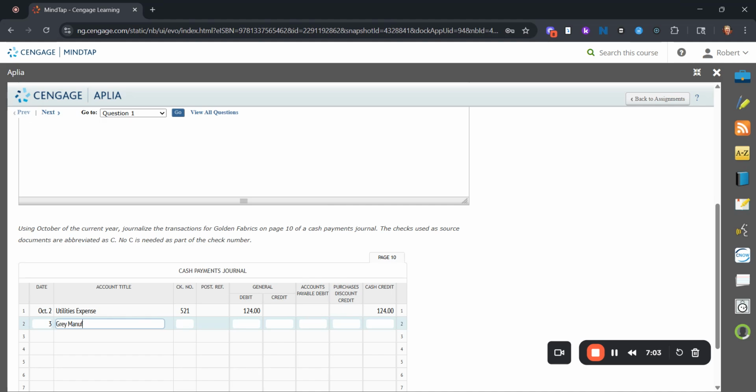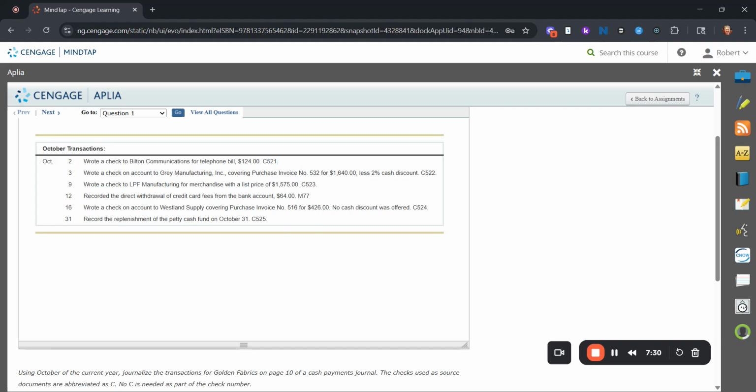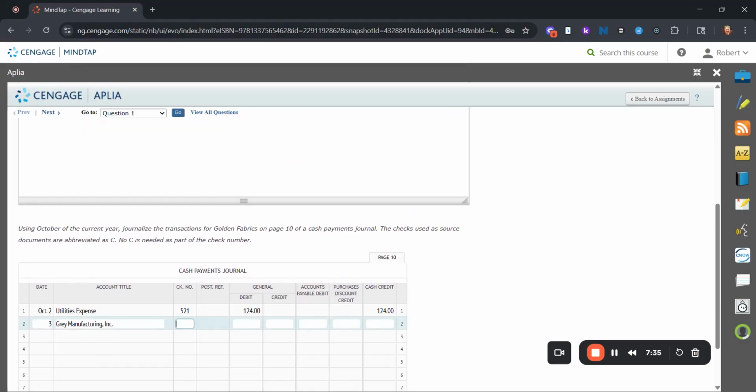Gray Manufacturing, Inc. There you go. It turned red on you just like mine did. I didn't have the period, so make sure you get the period on there to abbreviation for Inc. Incorporated. The check number 522.